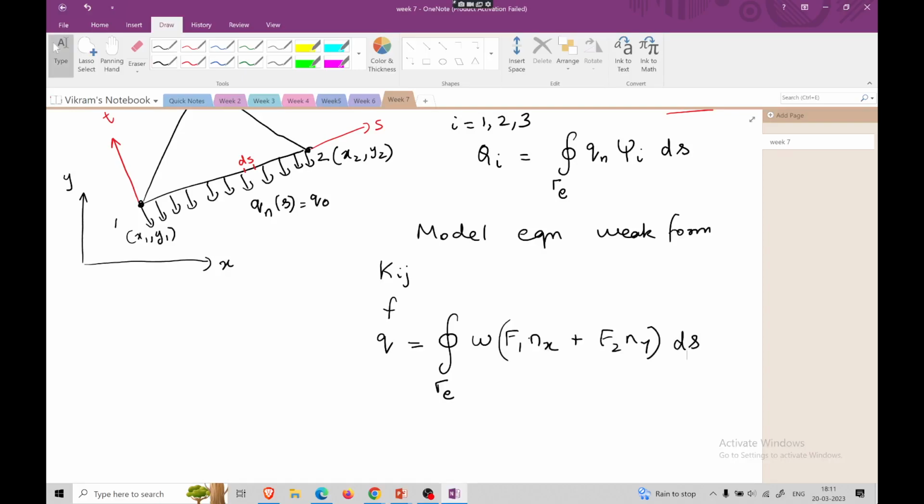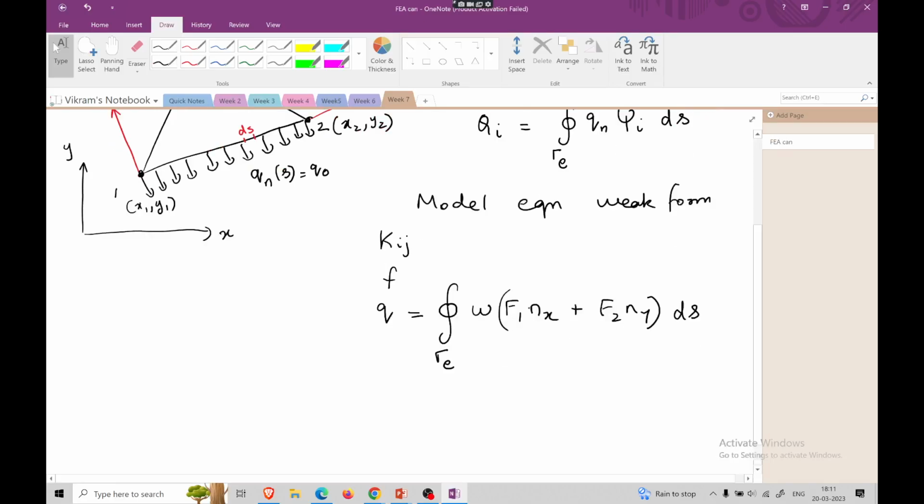What is W? W was the weight function. I hope you understand, because we have already seen this in the last lectures.